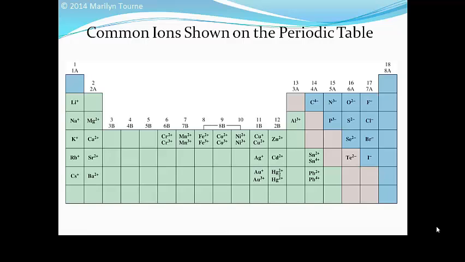A good question to ask yourself is, why is it that all of column 1 all have positive 1 charges, right? Because it just has a plus, so that means it has 1 less electron. What about column 2? Column 2 has 2 plus, so that means that there's 2 less electrons than what it started. Remember that everything on the periodic table begins as a neutral atom, but for you to become an ion, you have to lose or gain negative charges.